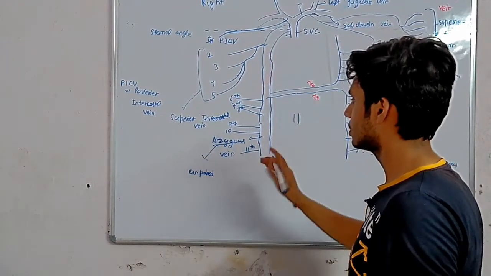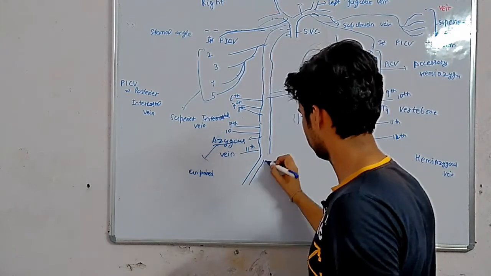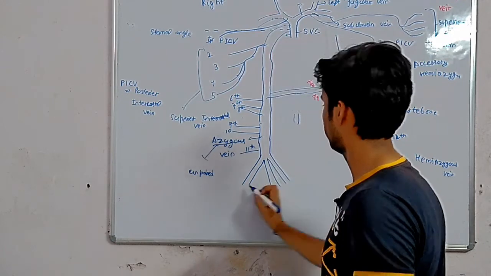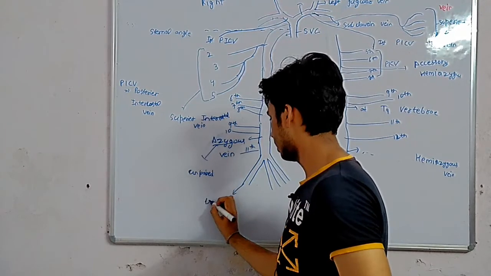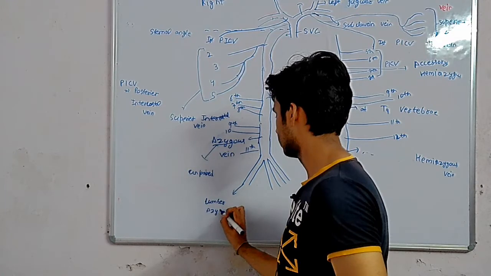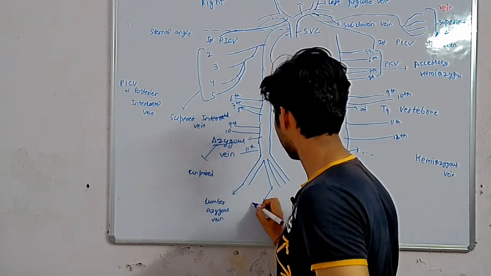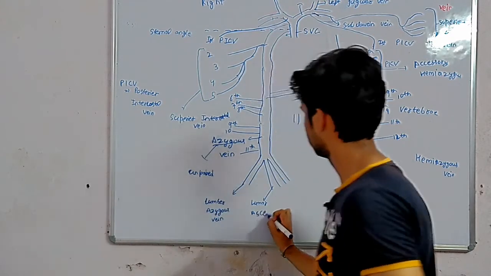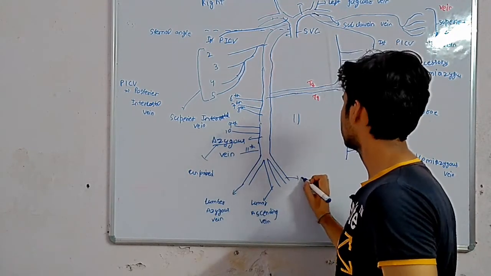Now come to the branches of the azygous vein. It is formed by 3 branches. First is the lumbar azygous vein, second is the lumbar ascending vein, and third is the subcostal vein.